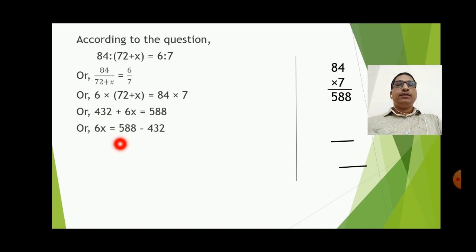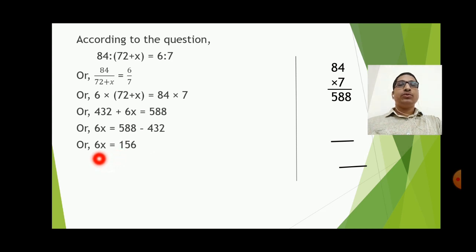So here is 6x, and 588 here, and minus 432. Now if we subtract 432 from 588, then it will be 156. Okay, now in this stage what will we do?